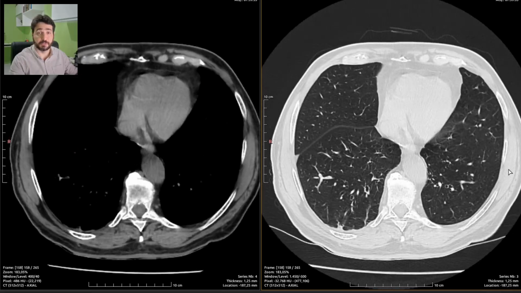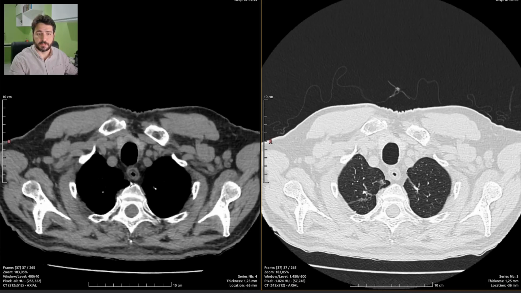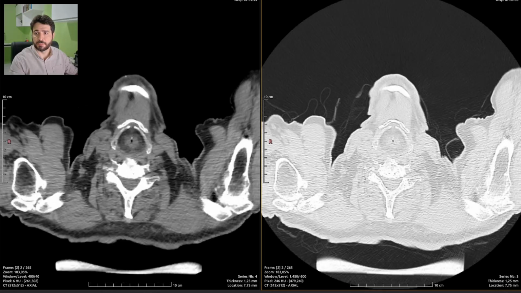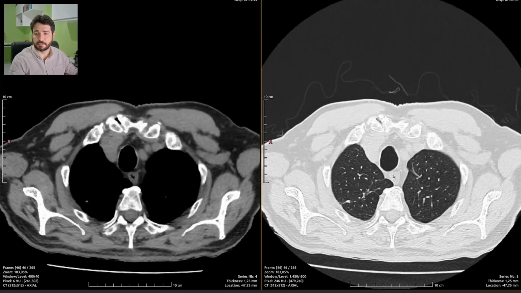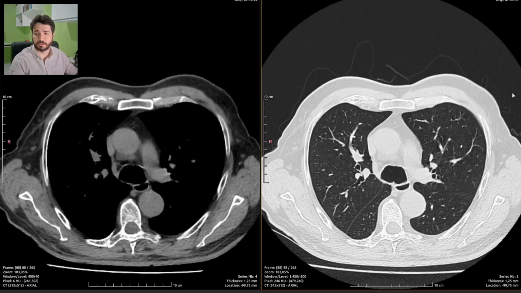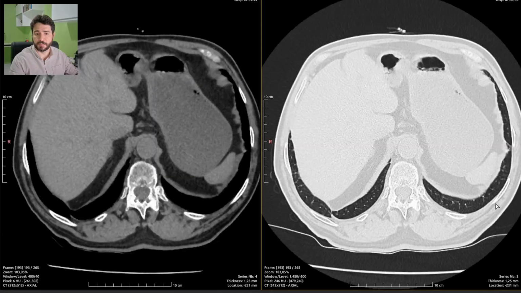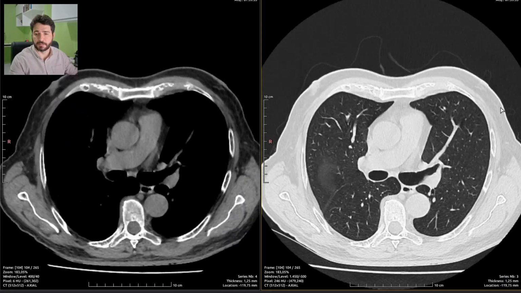I'm just going to roll the images. This is a mediastinum window, and this is a lung window. I'm going to roll the images from up to down so you guys can look for pathology, and then we can follow up by describing the findings.